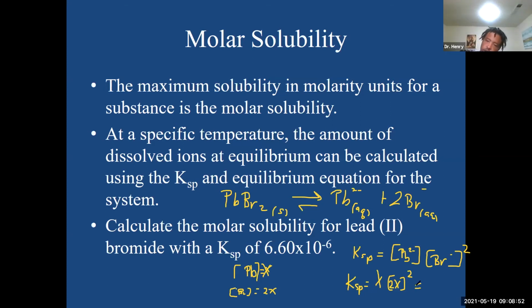And so we get 4X cubed equals 6.60 times 10 to the minus 6.